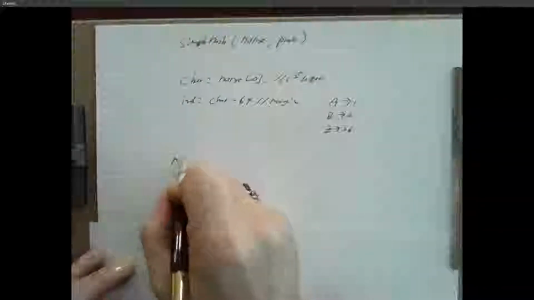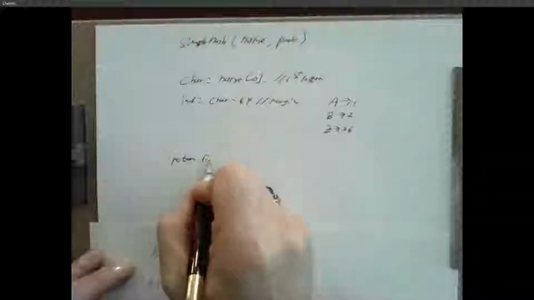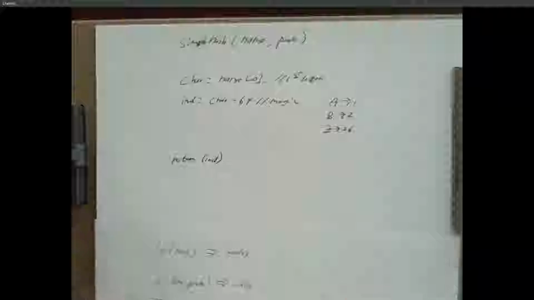Right? The ASCII code for A is 65, so this would give us a 1. And they go sequentially after that. Okay, and then we could just return n. So if we're looking at Izad, we're going to get a 9. If we're looking at Nick, we're going to get a 14, and so on.